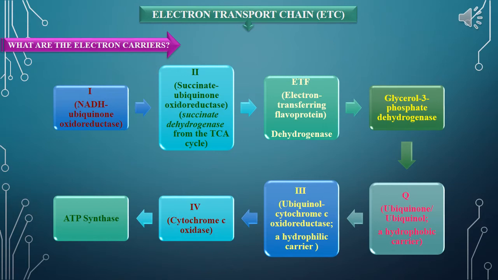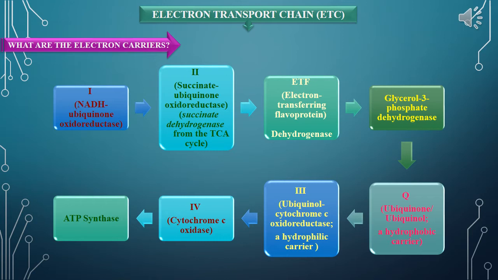What are the electron carriers? There are 4 types of carriers present in the electron transport chain. They are named with Roman numerals 1, 2, 3 and 4. The first one is NADH ubiquinone oxidoreductase. Second is succinate ubiquinone oxidoreductase. Third is ubiquinol cytochrome C oxidoreductase. And fourth is cytochrome C oxidase.